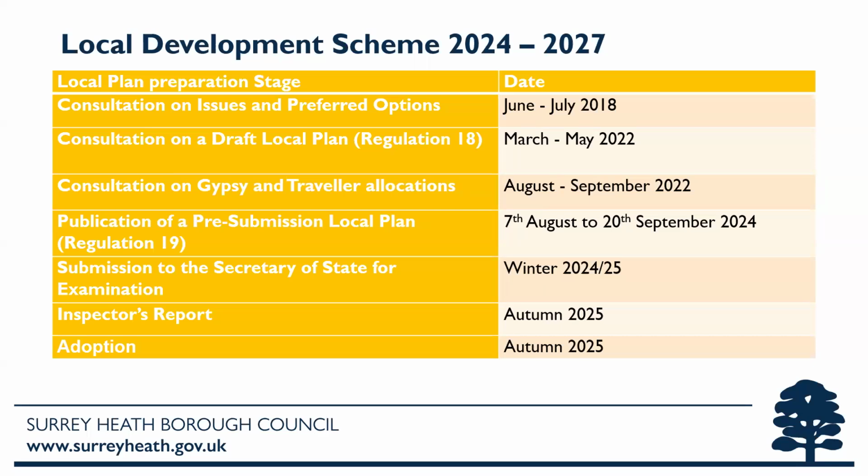Once this has been completed, we'll gather all the information together, which will be submitted as part of the final document to the Secretary of State in winter 24-25, and then an inspector's report in autumn 2025 following the examination in public, and then hopefully the adoption of the plan in autumn 2025.